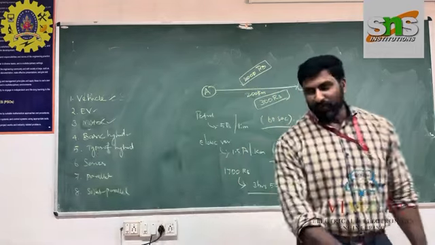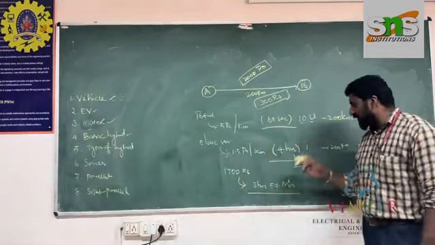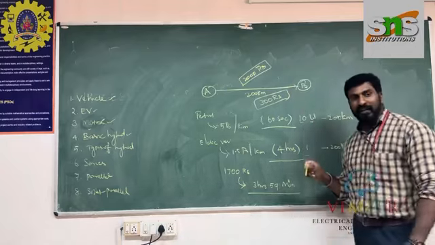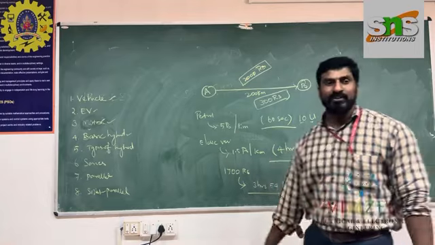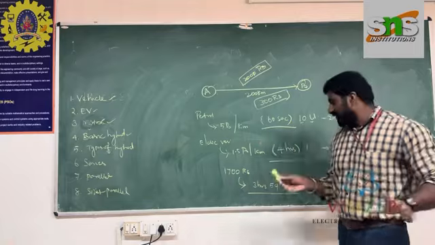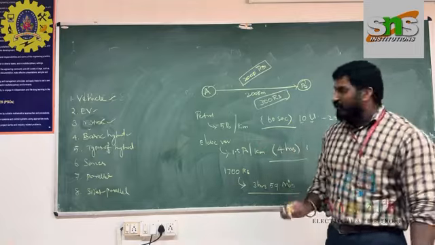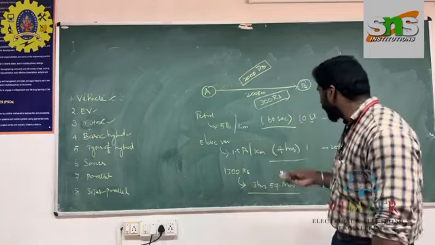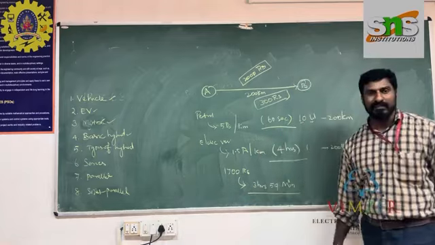So we need to wait up to 3 hours 59 minutes. If you are ready to wait 3 hours 59 minutes, you can save 1700 rupees. No sir, I am not ready to wait 3 hours 59 minutes. So you need to pay 2000 rupees. Your time duration will be 60 seconds.